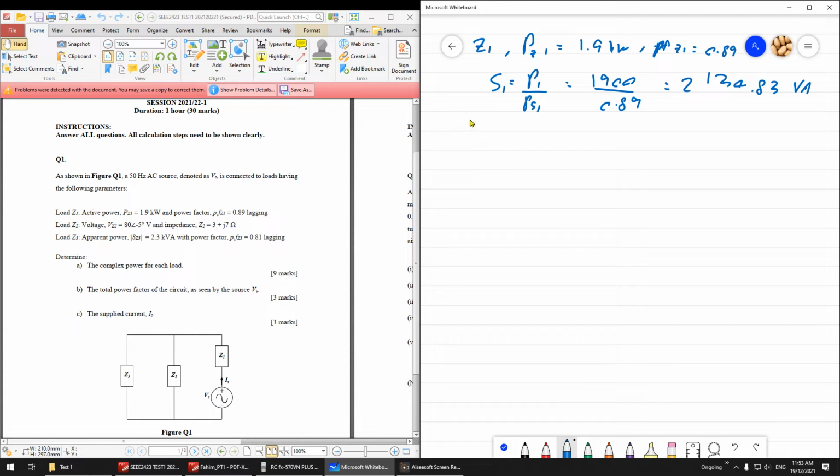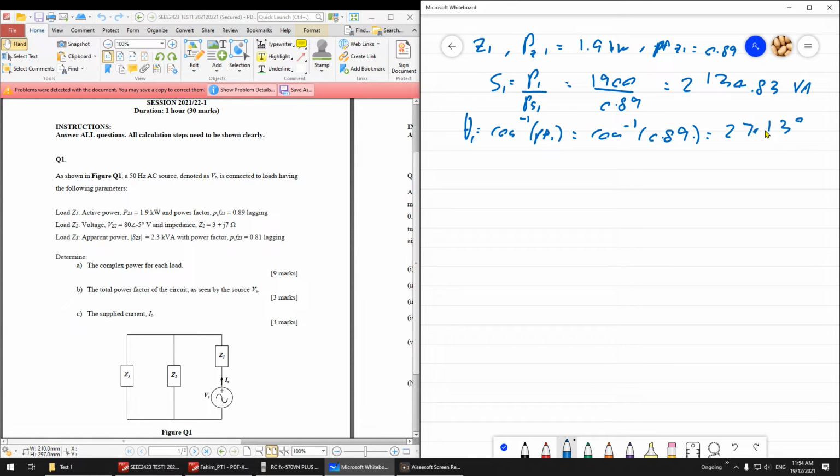Theta is equal to cos inverse PF1. Theta 1 is equal to cos inverse 0.89, which equals 27.13.